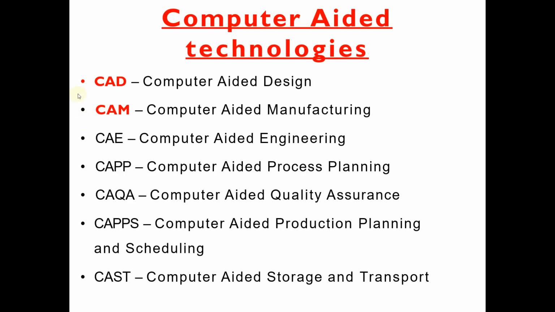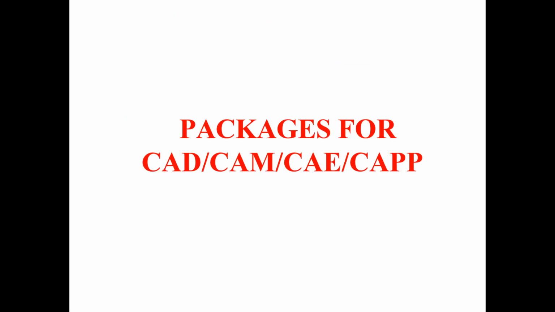So these are some of the methods which use computer aid for performing these operations. Now let us look at which are the major softwares that are used in the industry for all these purposes.